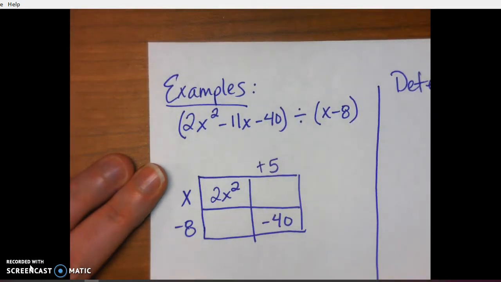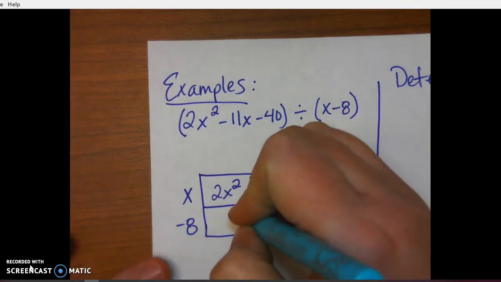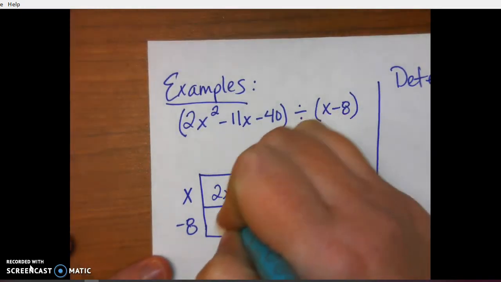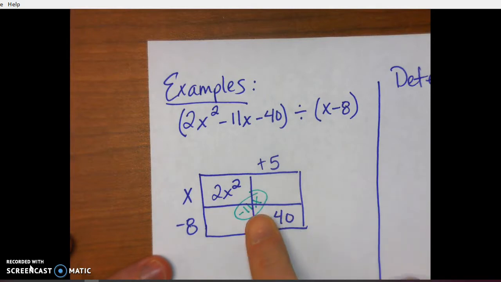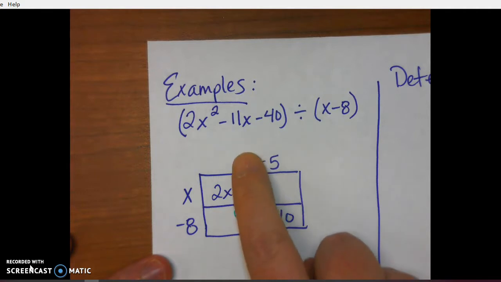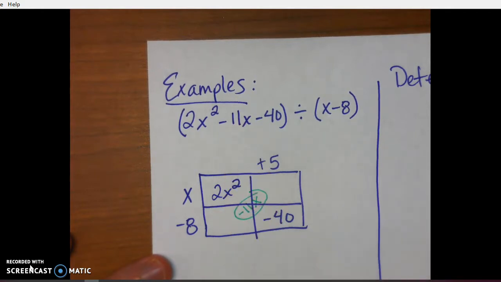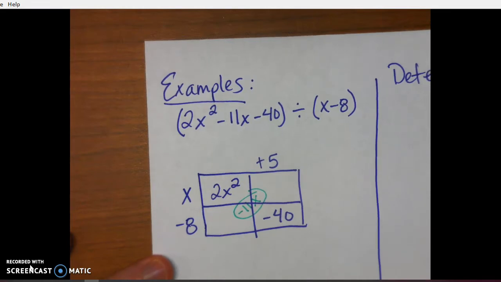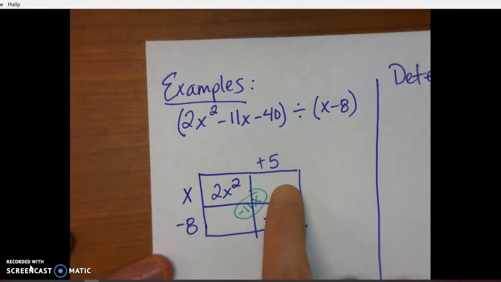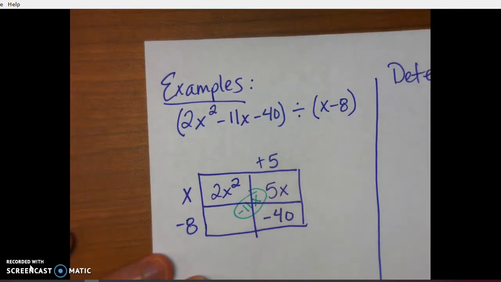Now, if you don't remember, make sure you use your calculator. Okay, so I also know that right here in the middle, I have to have two numbers that combine to give me a negative 11x. See? So they have to combine to give me that. Well, I know my x, and I know this piece is positive 5, so I know this is positive 5x.